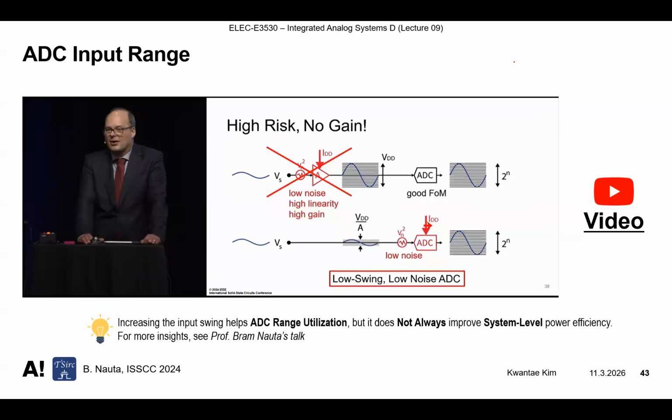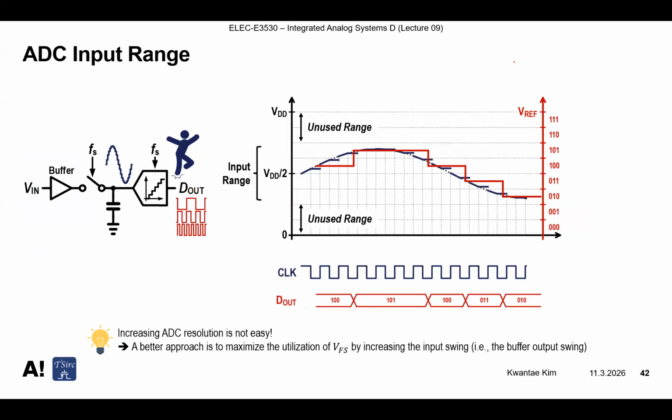So, buffer output swing. Of course, there are some other considerations. These days, many things are arising because of advanced technology nodes. So this was a kind of golden standard until like 180 nanometer or 65 nanometer, for that kind of ADC and analog front-end architectures.